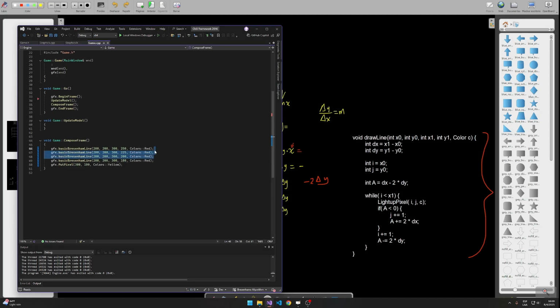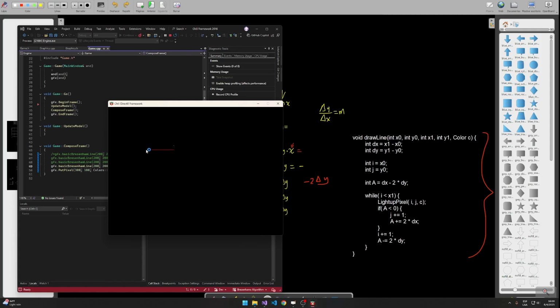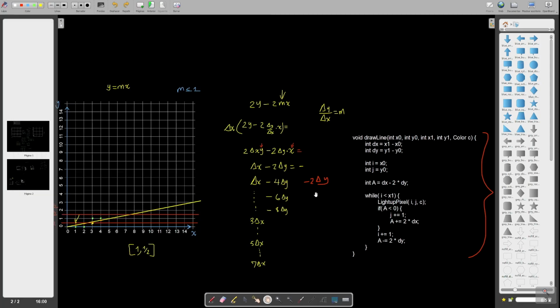If I comment this part of the code to see what happens with this line, you're going to see that it just draws the minimal slope line possible, which in this case is a slope of 0. And why is that? Well, it's very simple. It's because our algorithm is always prepared to overpass this line. But when you have a negative slope, the line goes downwards, so it is never going to overpass this reference line, because it is always decreasing.